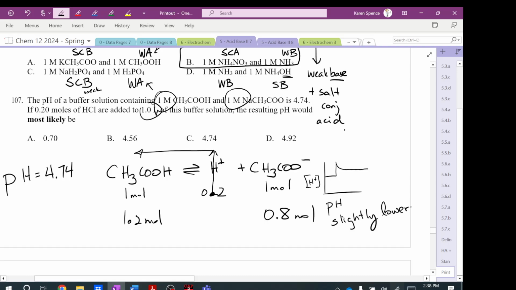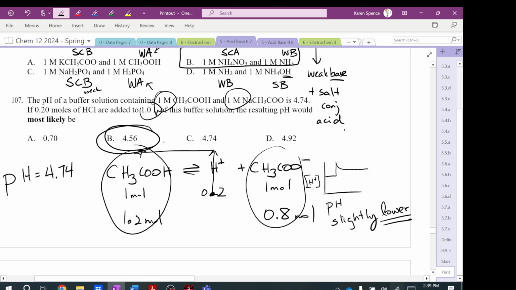Have we overwhelmed our buffer here? Have we used up all of one of the ingredients? No, so we're not going to see a drastic change in pH. So we need the pH to go lower, but not drastically lower. pH 4.56.